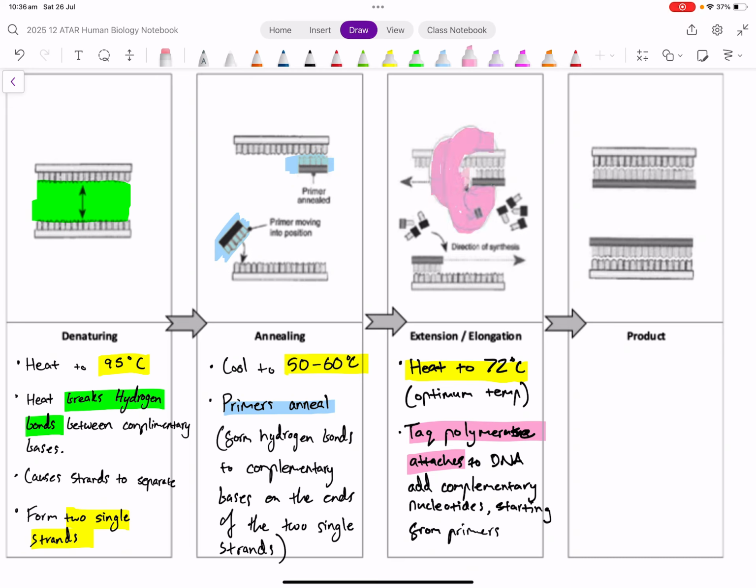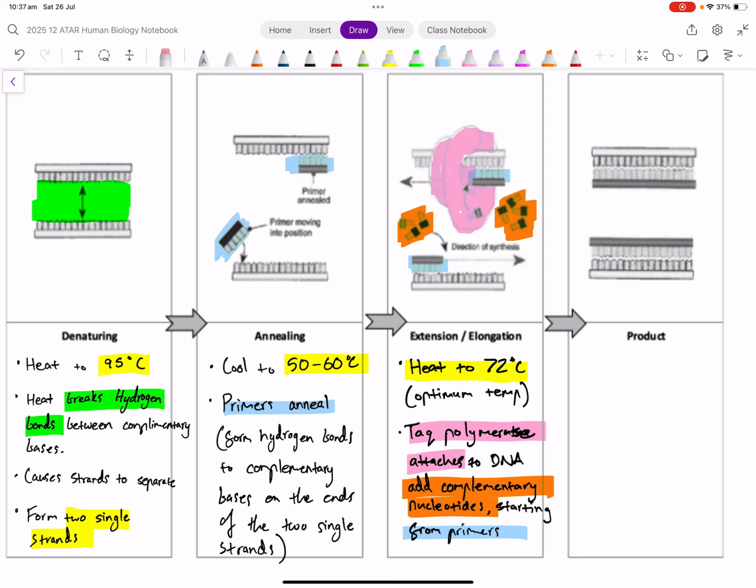And what this allows it to do is to bring and attach these free nucleotides that we can see. I've just highlighted them in orange here. And they're going to start to attach things from the primers. And we can see the primers on either end here. The Taq polymerase slowly makes its way down the DNA strand, working in one direction and bringing those free nucleotides.